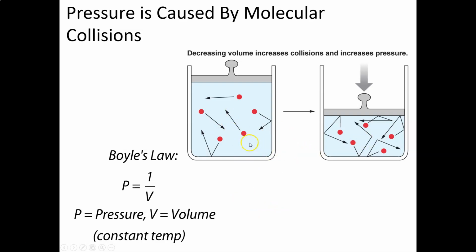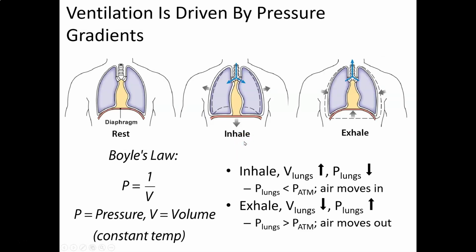And again, that's how we can ventilate our lungs and move air from the atmosphere into our lungs and vice versa. So in order to move air from the atmosphere into my lungs, the lungs have to have a lower pressure than the atmosphere. To make the lungs have a lower pressure, what I do is I take my diaphragm, that's here on the bottom, right?